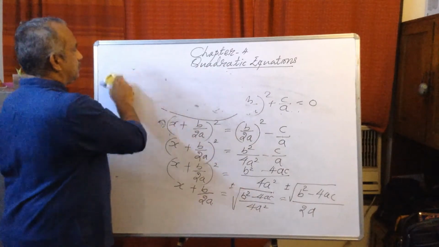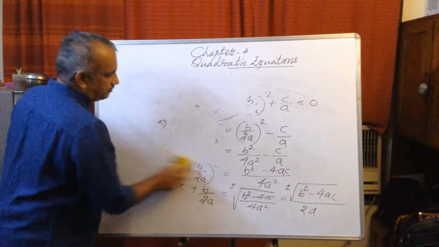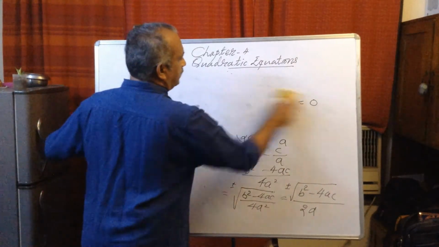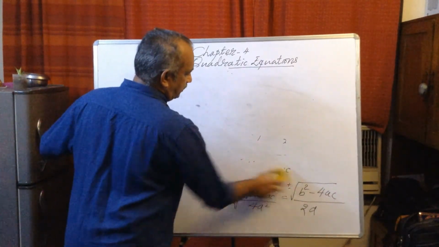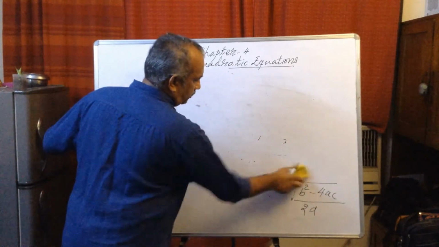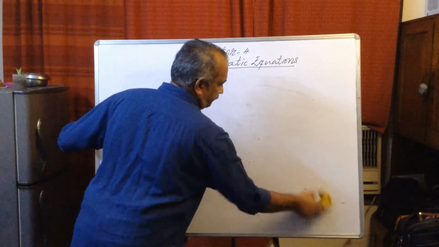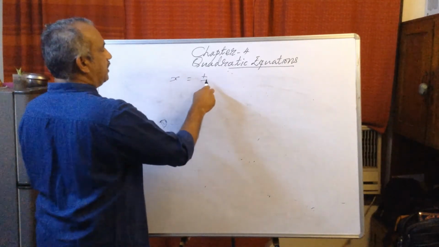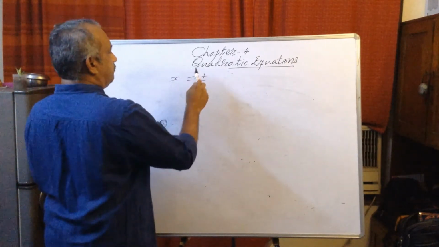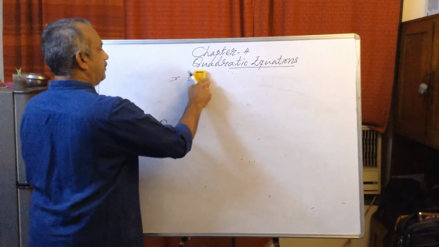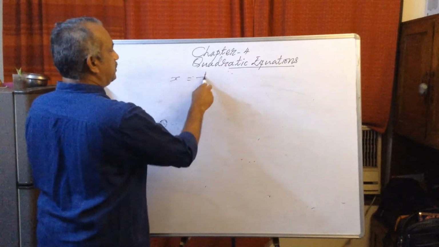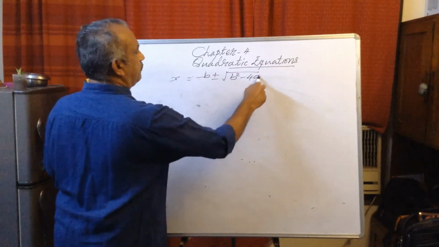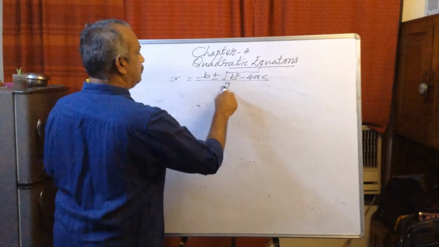Now in the quadratic formula, this b square minus 4ac is also called the discriminant, and it is represented by capital D. What is the quadratic formula? x is equal to minus b plus or minus square root of b square minus 4ac upon 2a.